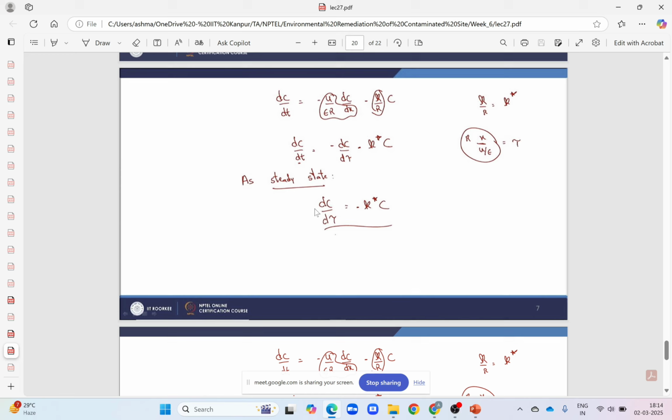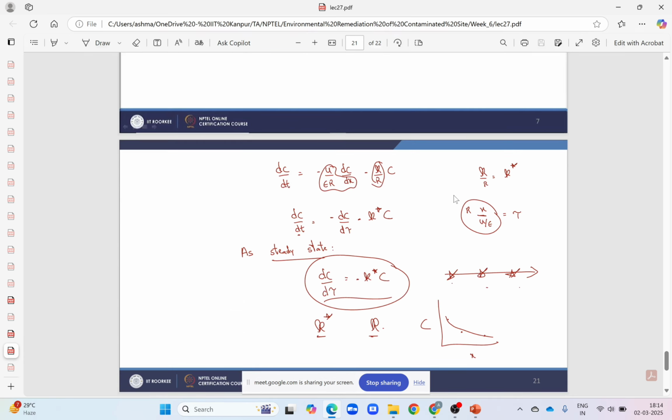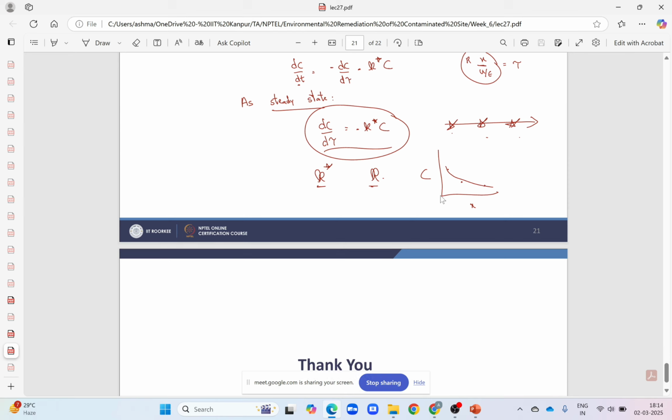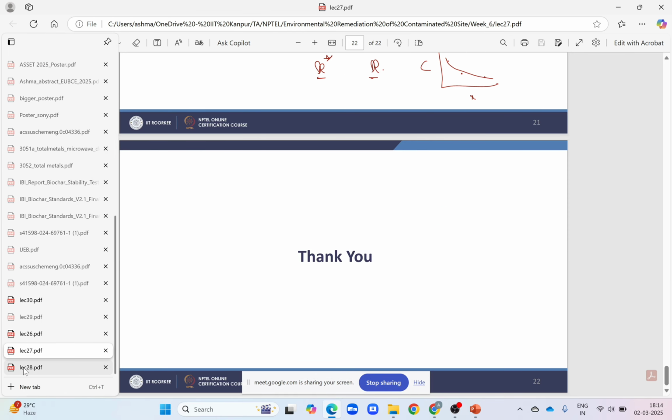Here the final equation is dc by d tau is equal to minus k star into c. So tau is r, x is the distance from the center, u is the seepage velocity, and epsilon is the porosity. So we will solve questions based on both these two equations.